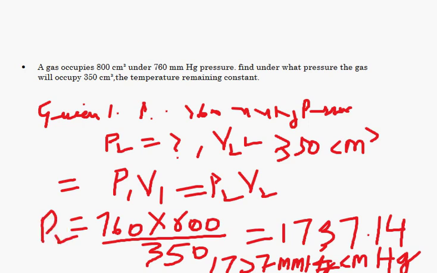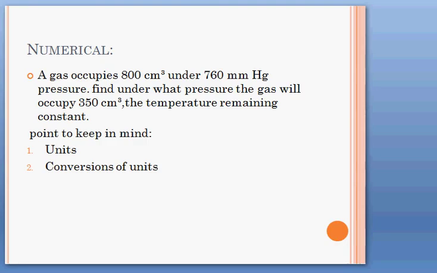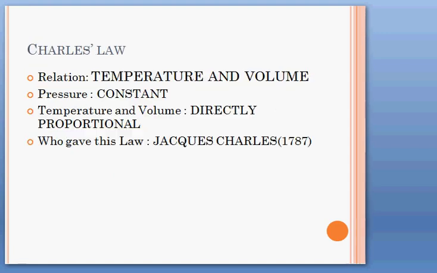Let's come to Charles law. Same again. Charles law is the relationship of two variables while keeping a third constant.